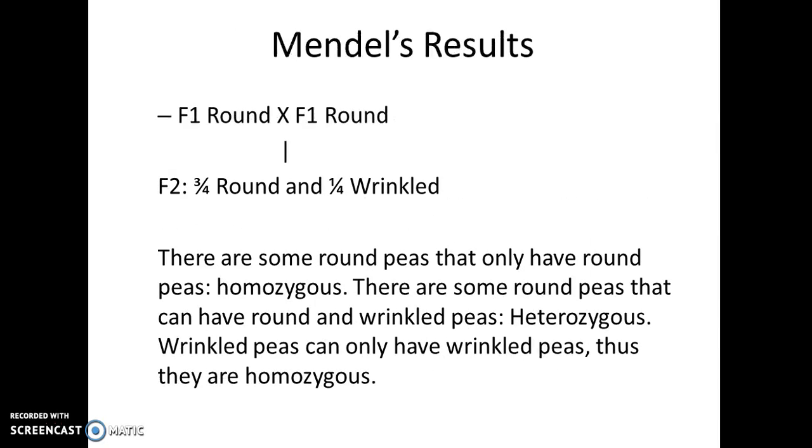So his F1 crossed with F1 gave 3/4 round and 1/4 wrinkled, which would mean that the F1 peas were heterozygous because they had two types of peas. So there are some round peas that only have round peas. Those are homozygous. There are some round peas that can have round and wrinkled peas, and those are heterozygous. Now, the wrinkled peas can only have wrinkled peas, so they have to be homozygous.